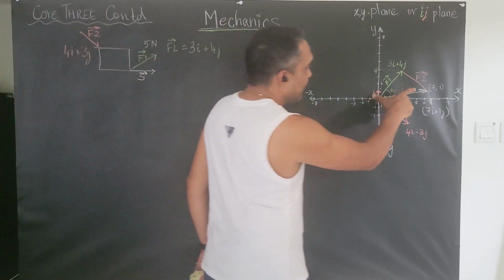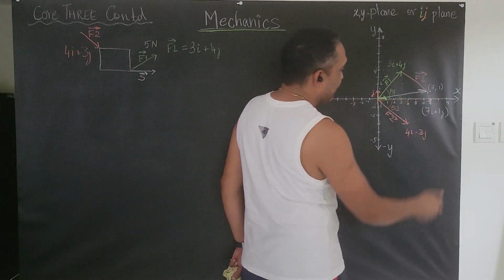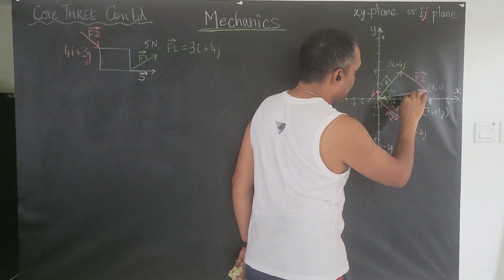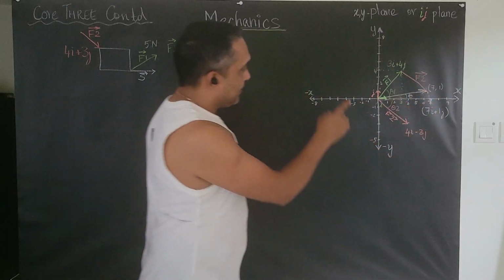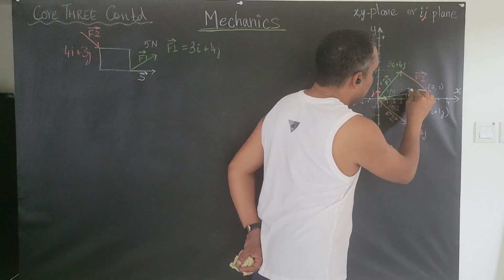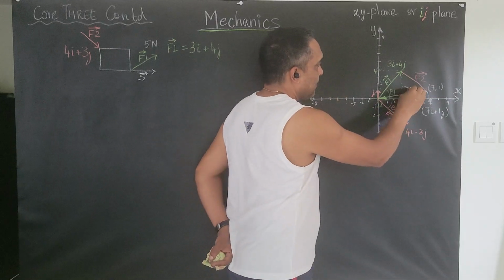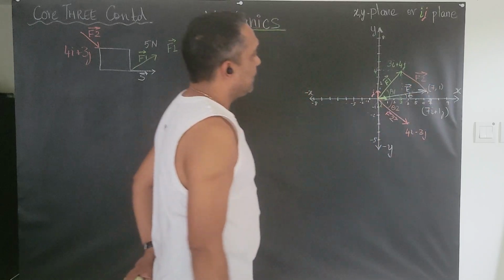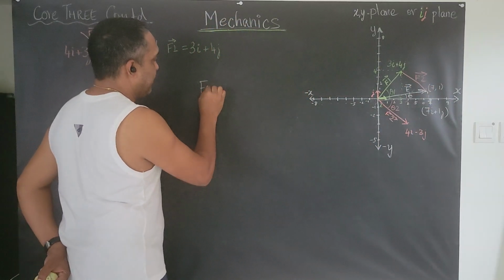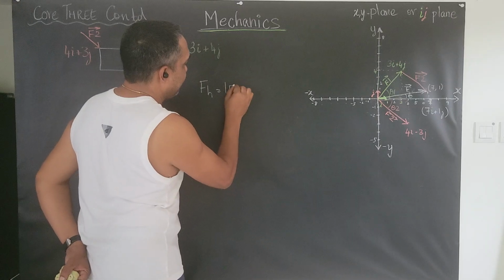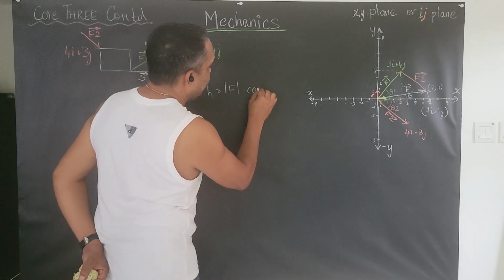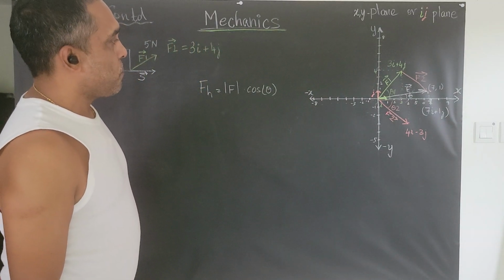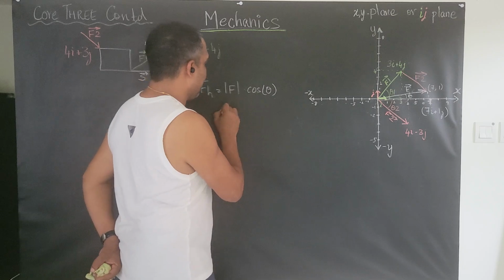And what would be its component along the direction of displacement? We know, whatever this theta is now, that resultant vector F would have a horizontal component FH, which is the magnitude of F times cosine of theta, and you can say that this is just 7.